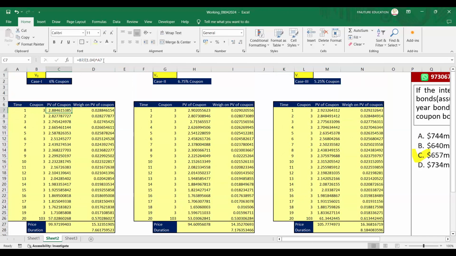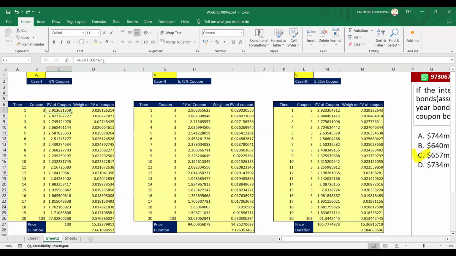Instead of 2.9, you're receiving 2.8. So you can think that an increase in YTM decreases the value of the coupon that you receive. Hence, your duration goes up. It can be interpreted in that way. Okay, like an inverse relationship between YTM and duration.